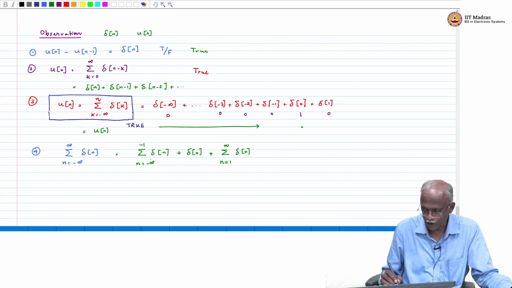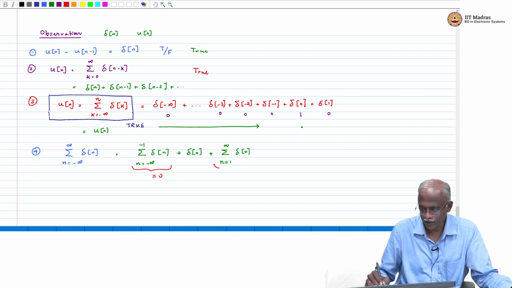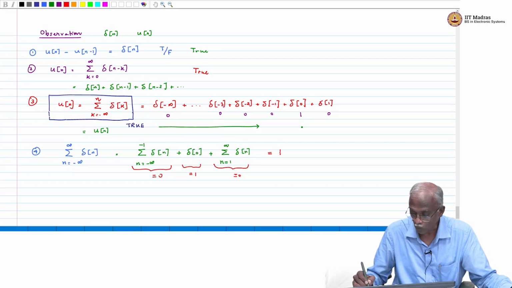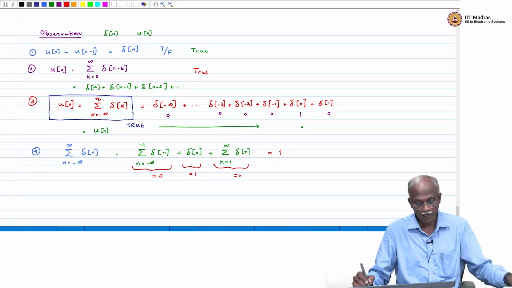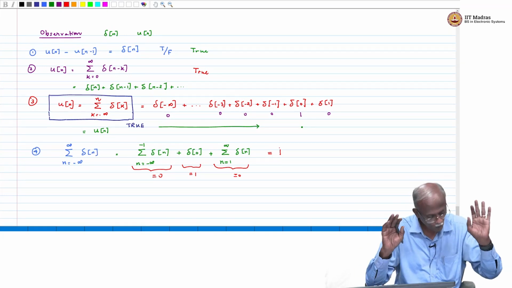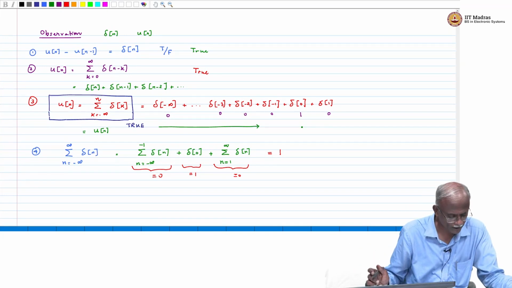By substituting these values of n, you can show that all of the values in this are equal to 0. Everything here is equal to 0. This is equal to 1. So, when I do a summation from minus infinity to infinity delta of n, this is equal to 1 always. And so, if somebody were to tell you this is equal to 0, it would be false. If they say equal to 1, then it is a true statement.